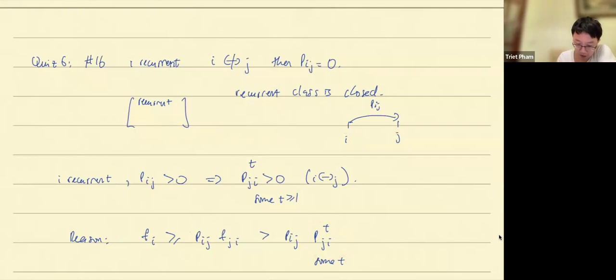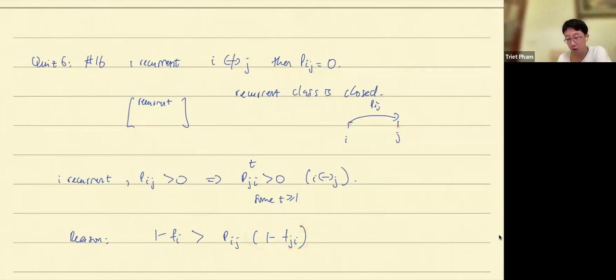So I think it's more like this: 1 minus Fi, the chance of never returning to state i, will be bigger than Pij times 1 minus Fji. The probability of never returning to state i starting at i will be bigger than the probability of one of those possibilities, which is to go from i to j and never return from j to i. Is that clear?